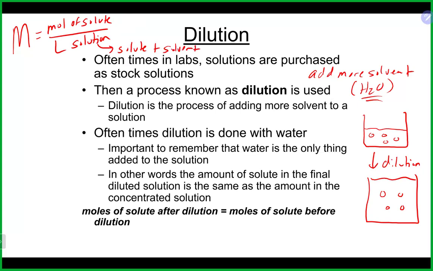Which means when we go through a dilution, the only thing that changes in the molarity equation is we add more solvent, and more solvent is on the bottom. The bottom number gets larger. The molarity ends up getting smaller because the bottom number gets larger. So we're dividing by a larger number on the bottom, which brings the molarity number down. So that is why our dilution results in a lower molarity than we started with.